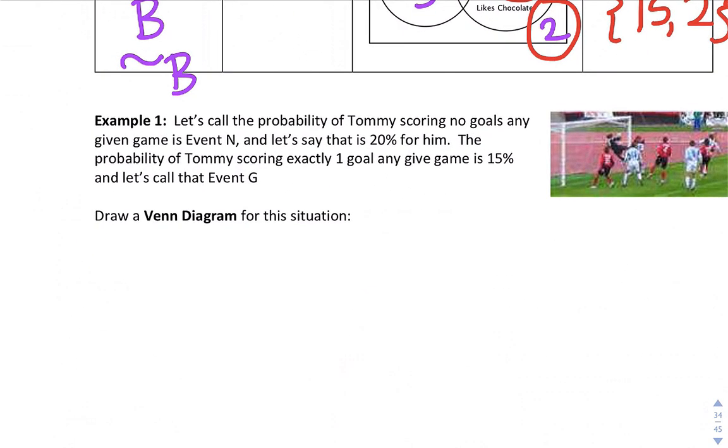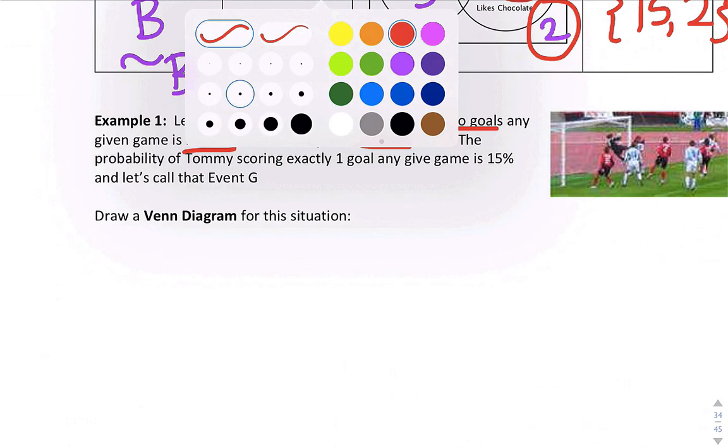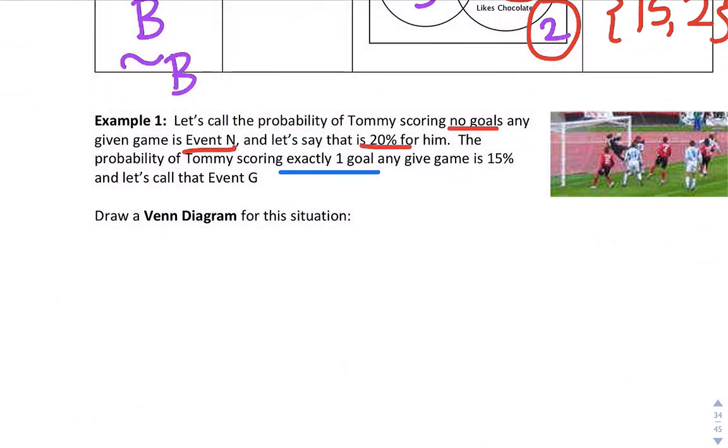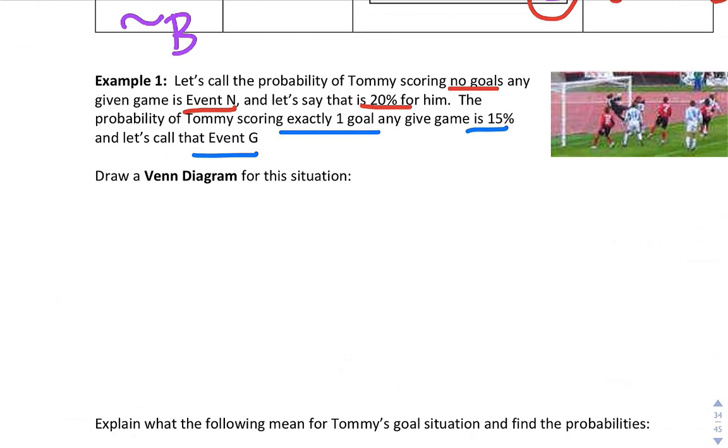Example 1: let's call the probability of Tommy scoring no goals in any given game event N, and let's say that's 20% for him. The probability of Tommy scoring exactly 1 goal is 15%, and we'll call that G. Draw a Venn diagram for this situation.